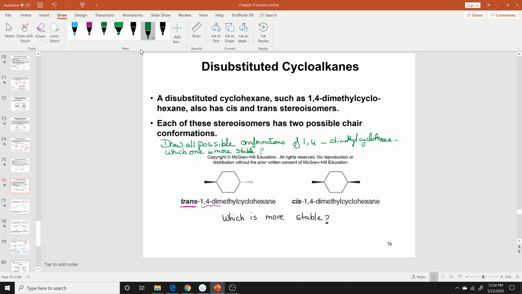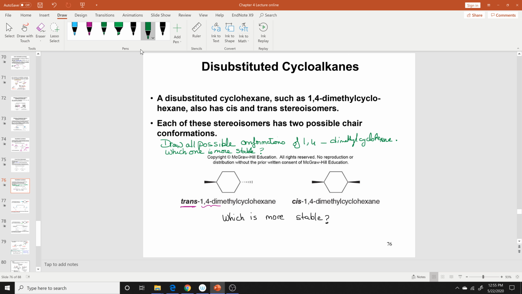Now, the first thing: I didn't specify, I have two substituents on the cycle, and I know that these two substituents can exist as trans and as cis. So when I don't specify, you have to consider both. As I said, you cannot go from trans to cis by rotation. So we're going to consider trans alone and do a rotation for the trans. A rotation for the trans will lead to a trans conformer. Then consider the cis alone and do the rotation for the cis, which will lead to a cis conformer.